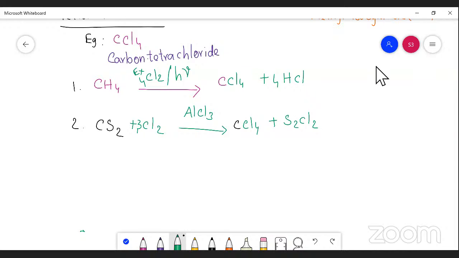And carbon tetrachloride is a colorless liquid with a specific smell. So we are taking the properties of CCl4.